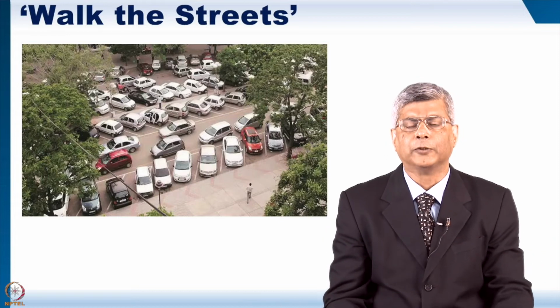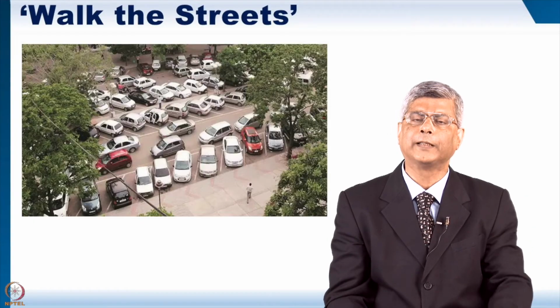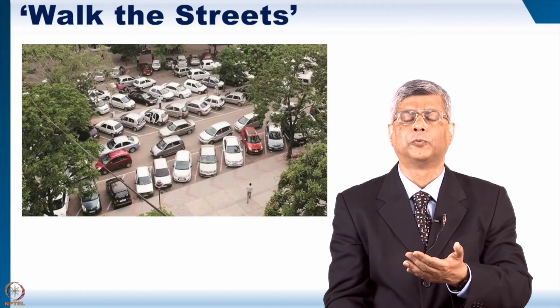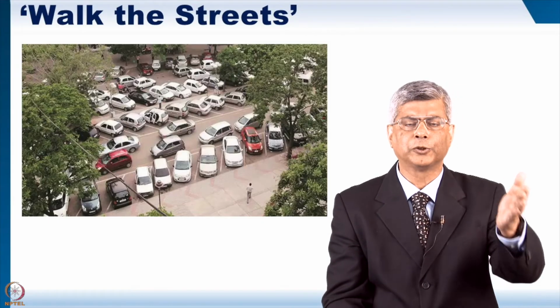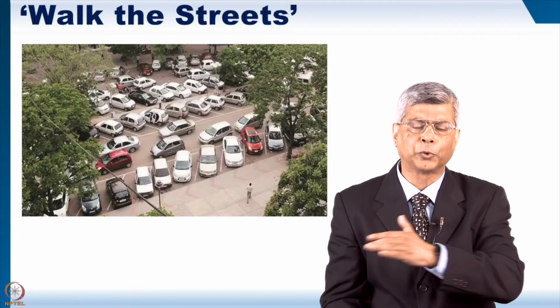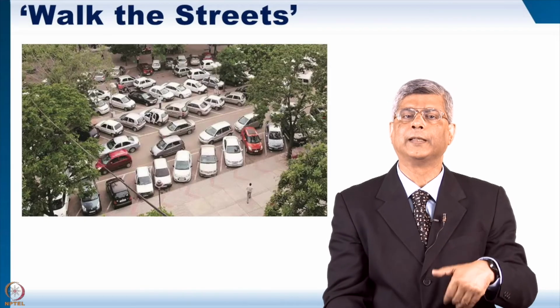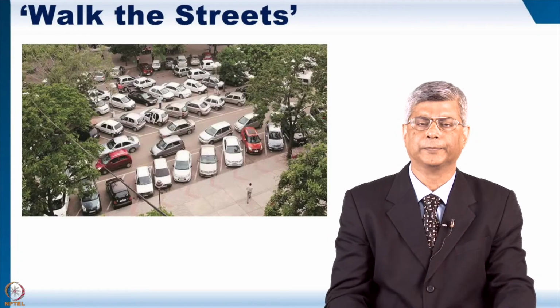What's the easiest way? You go to a car park and look around. And it gives you a feel of what's selling, what's not selling. If your company is making cars, you can also go to a car park and look at how many cars your company has and what is the total number of cars. Very easy way of getting the first-hand data. It may not be very scientific, but it gives you a feel.